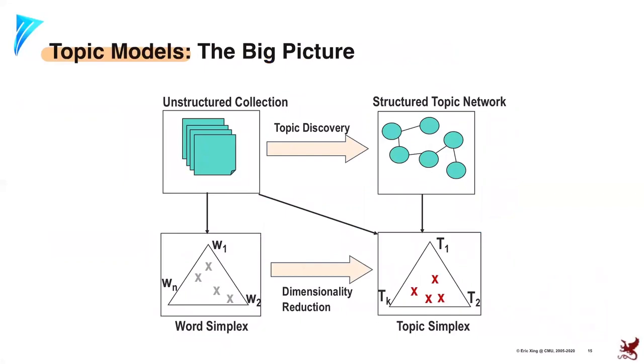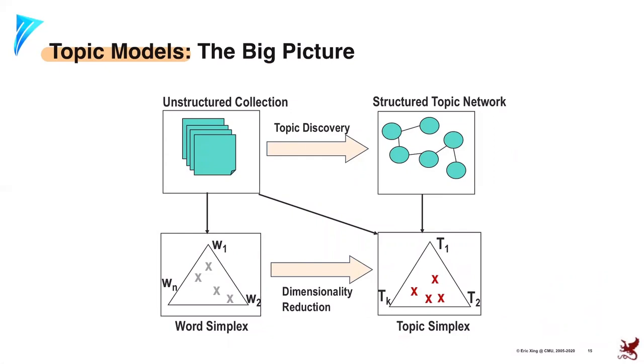Then except for the bag of words embedding, we also have other embedding models like the topic models. So here's the big picture of the topic model. We usually start with an unstructured collection, and we want to discover the topics out of it, and these topics can be used as axes to define the new space, which we call the topic simplex.